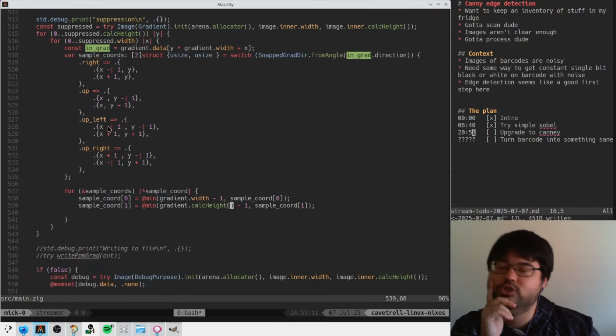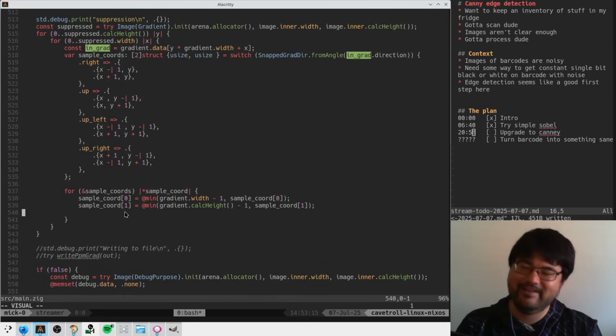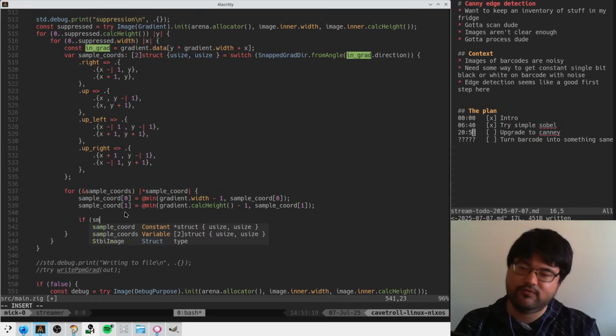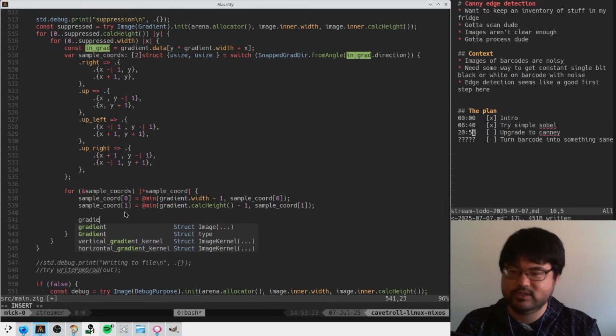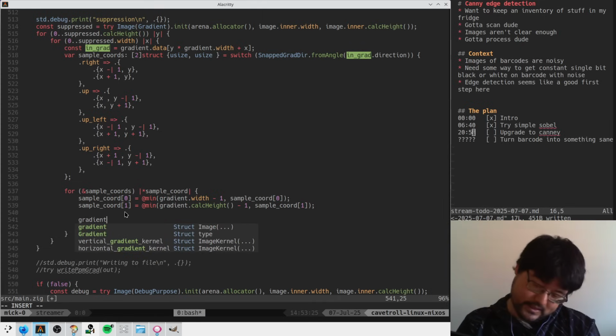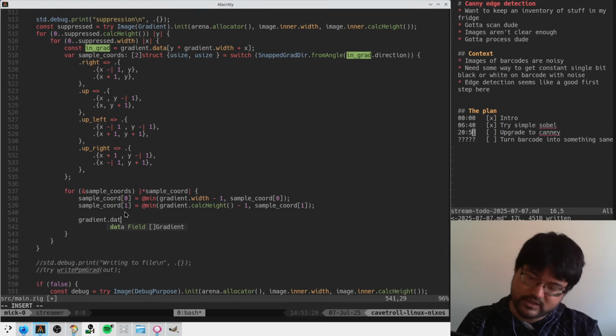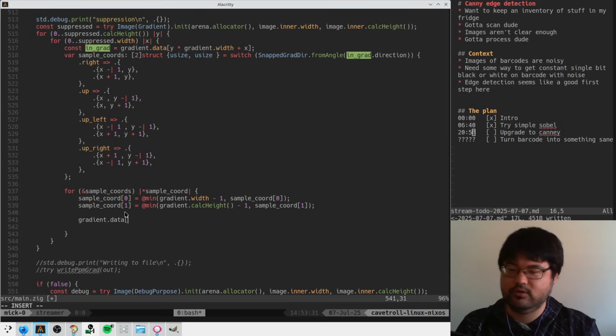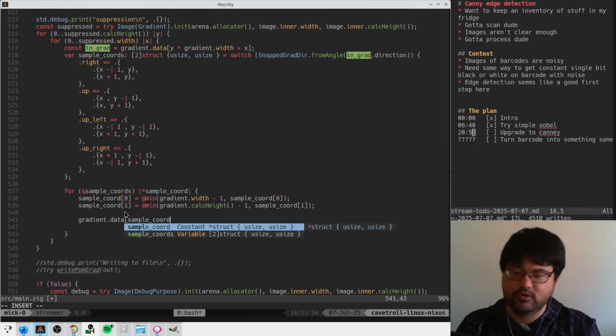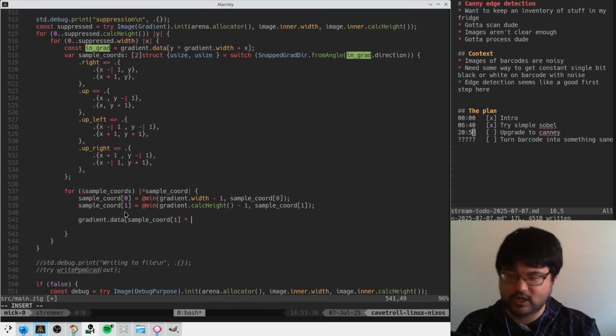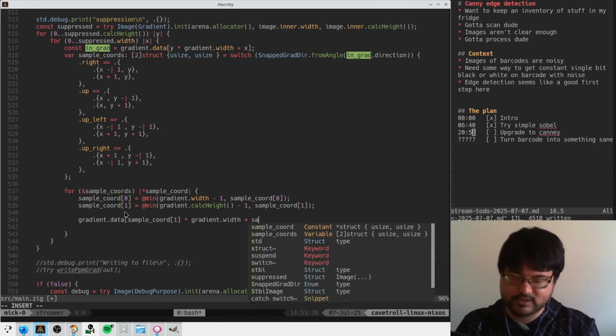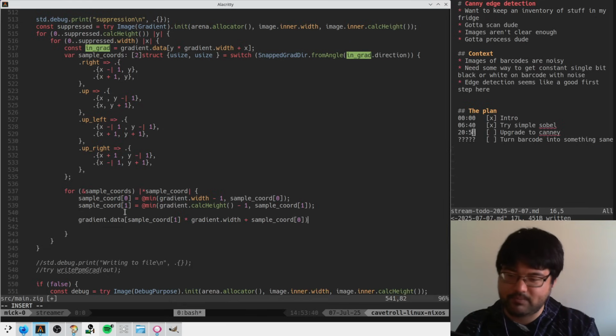Now, what do we do with this? If we take gradient data at sample chord 1 times gradient width plus sample chord 0. Okay, yep.